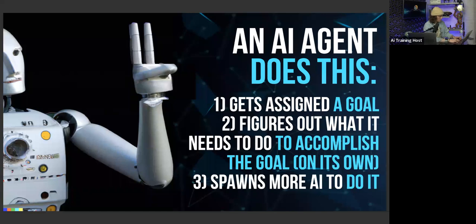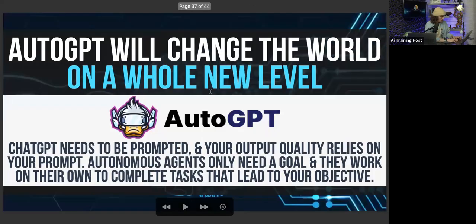Then what it does is it actually figures out what it needs to do to accomplish the goal on its own without any additional prompting. So it actually takes the prompting and instruction and conversational element out, and it becomes autonomous. So you tell it what you want it to do, and then it'll do everything in its power to make that happen. Again, very scary stuff. What it also does is it spawns more AI to make that objective.